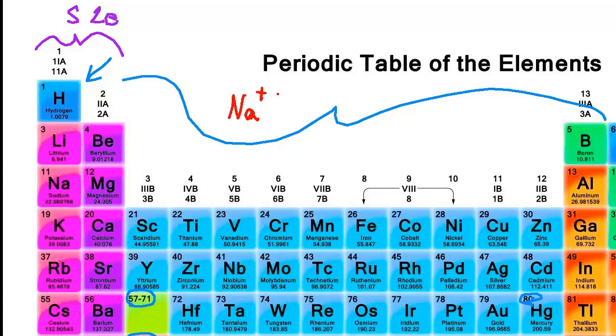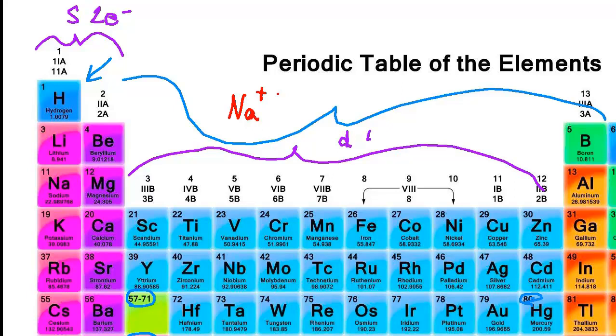Okay. Now, when you have the transition metals down here, that's that light blue color down here, these guys occupy the D shells. And the D shells can hold up to 10 electrons.